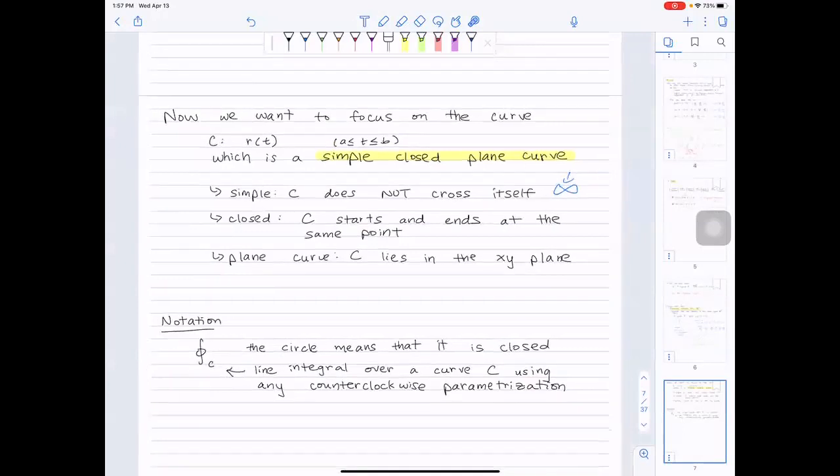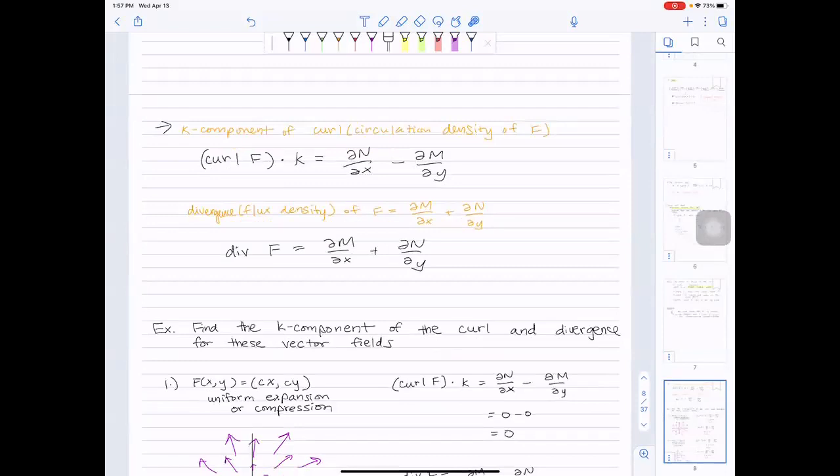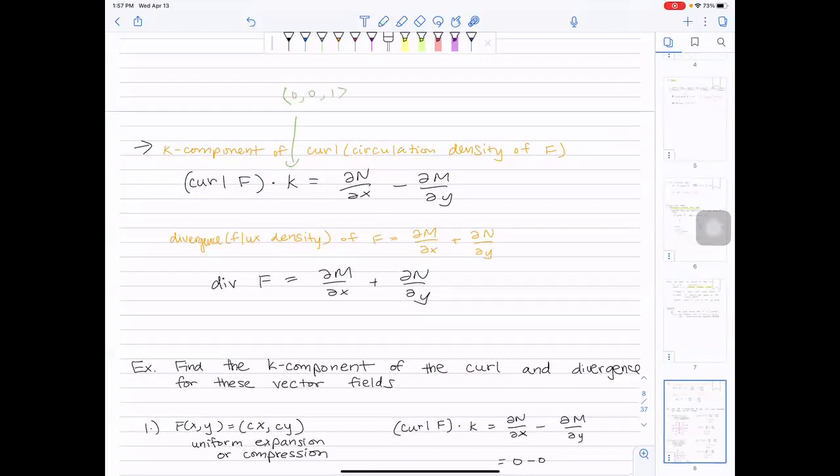Okay, and this brings us to a few graphs first. So let's explore vector graphs. If we do curl of f dot k, what is k? K is 0, 0, 1, just like how the i component is 1, 0, 0. One question. Isn't the curl the cross product between the gradient and the vector?